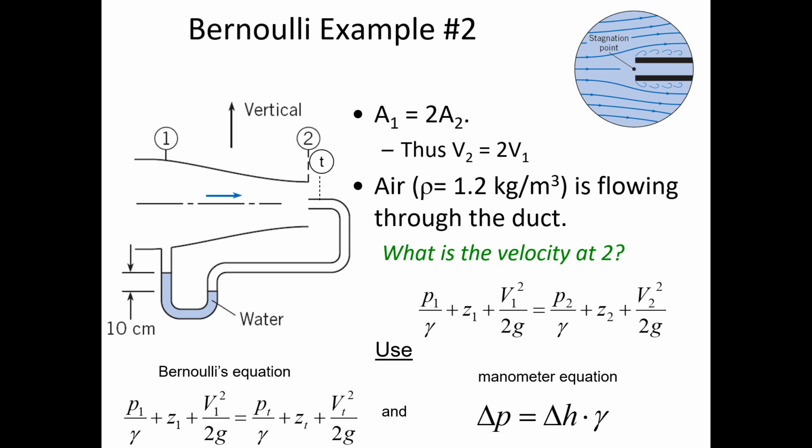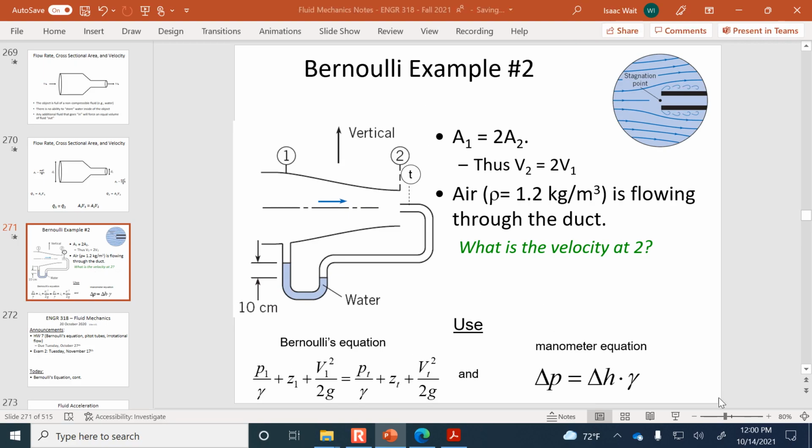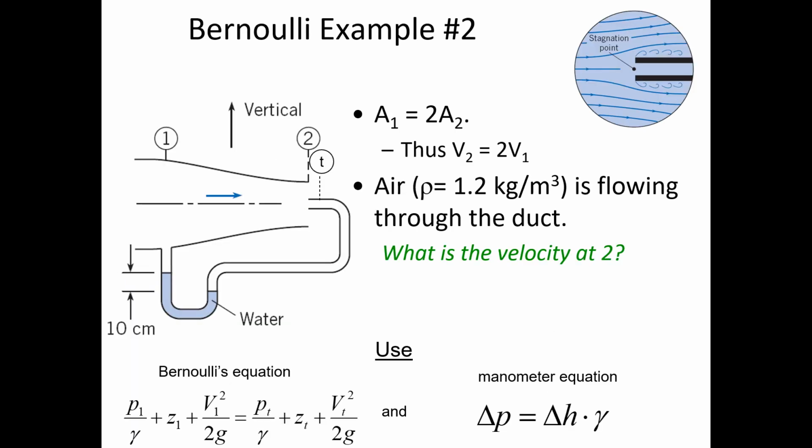So that's this formulation of Bernoulli's equation where it's saying P sub T divided by gamma plus Z sub T and so on. Don't be confused because it used to say 1 on the left and then 2 on the right. Bernoulli's equation can be applied at multiple locations simultaneously. So that's what we're going to do.